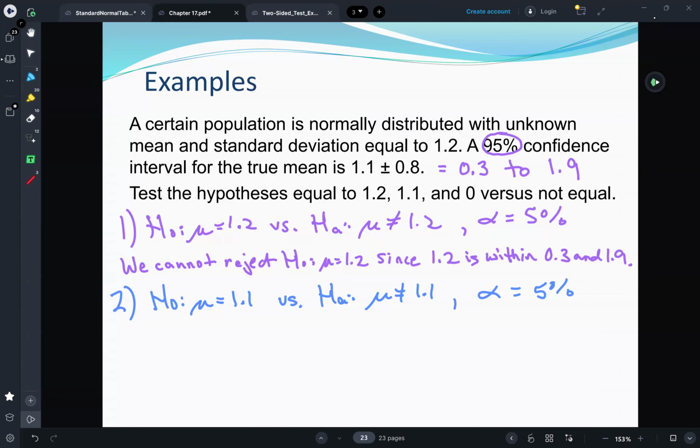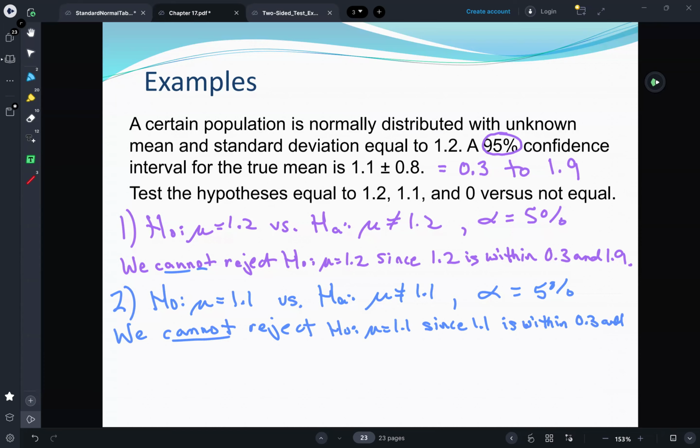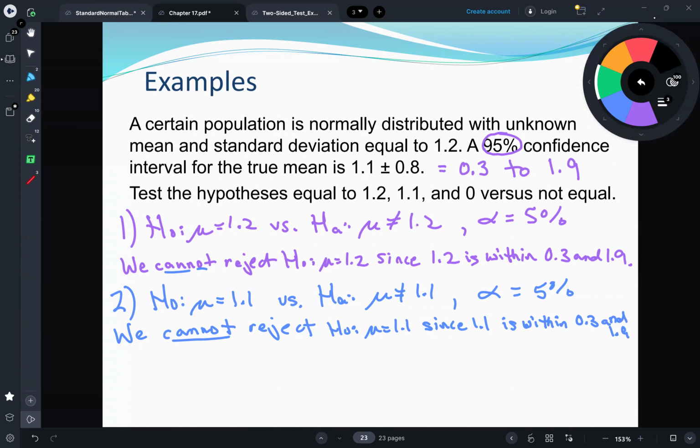Same conclusion: we cannot reject mu equals 1.1 since 1.1 is within 0.3 and 1.9.